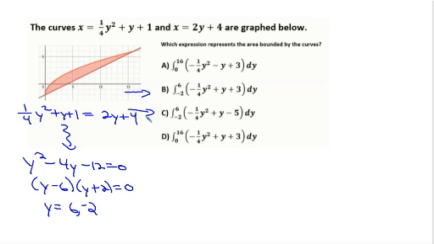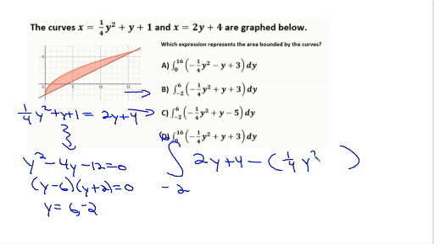But now I need to do the right function minus the left. I need to do 2y plus 4. Remember, we're doing the integral from -2 to 6 of the right function minus the left function, which is 1/4 y squared plus y plus 1.